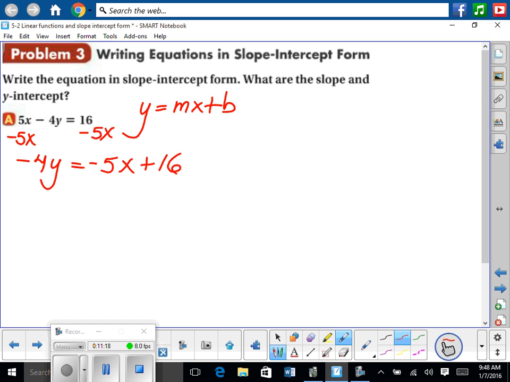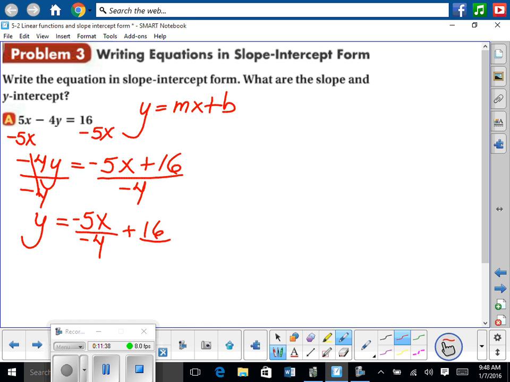Then from there, to get y alone, divide both sides by negative 4. So we have y is equal to. From here, I expect you to split it up. Make sure we divide both things by negative 4. So we have negative 5x divided by negative 4, and then plus 16 divided by negative 4.